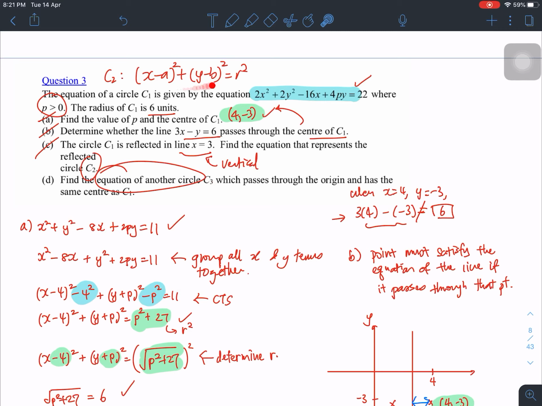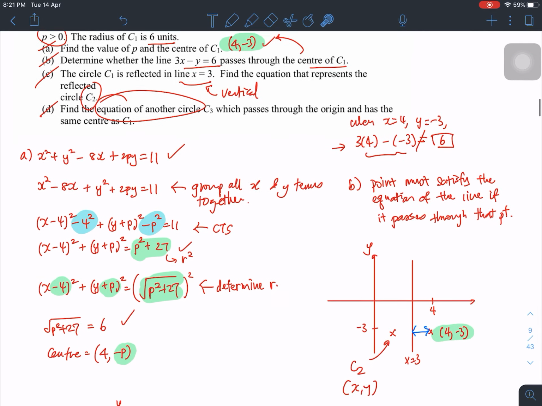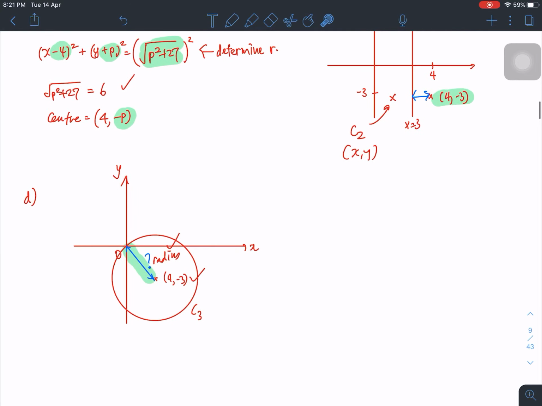Yes, you will be able to do that. You just substitute your relevant coordinates and radius values into this general form. Likewise, your equation of C3 should look like that. So these are the hints for question 2 and 3. Try the rest of the questions yourself.